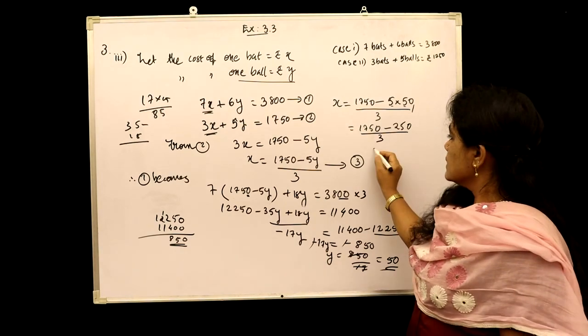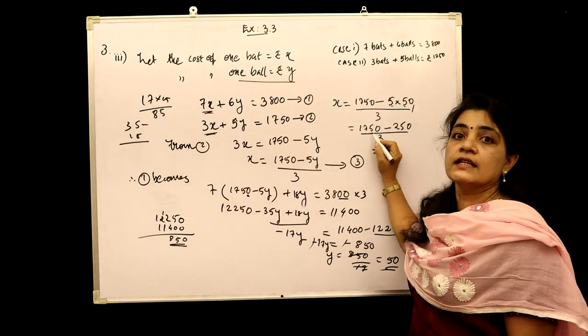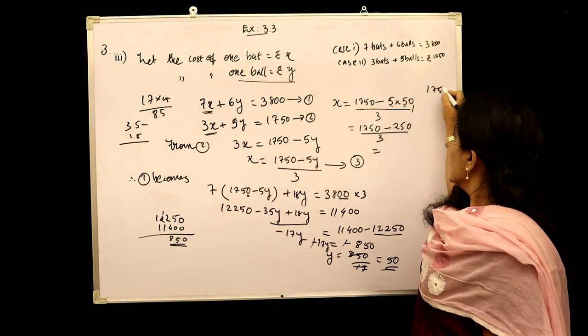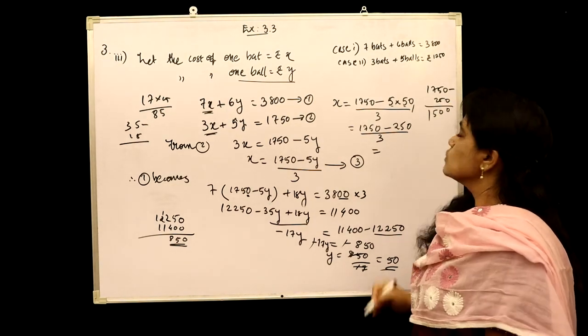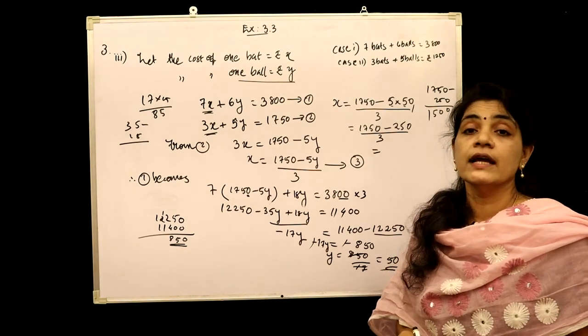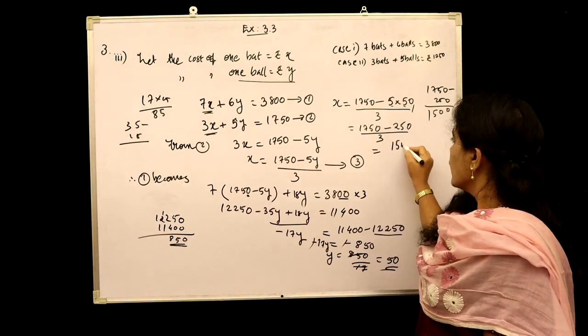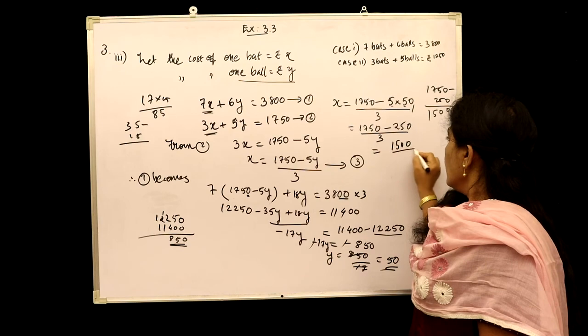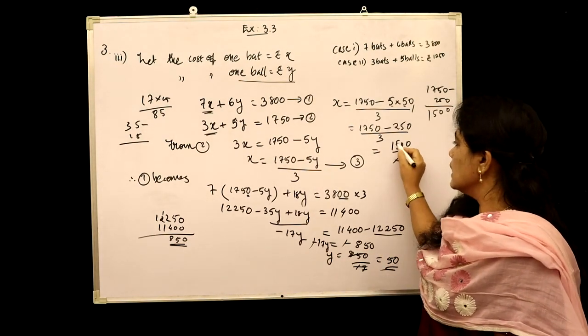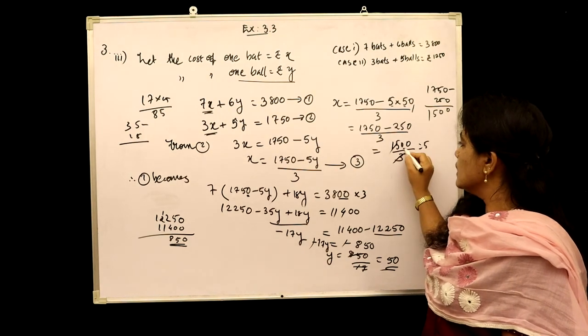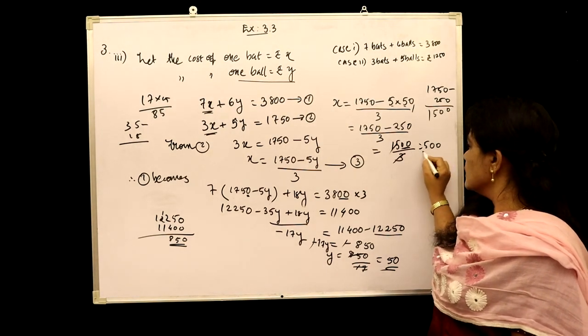So we can subtract 1750 minus 250, very simple, that is 1500, divided by 3. Very simple calculation, 3 in 15, 5 and these two zeros, that is 500.